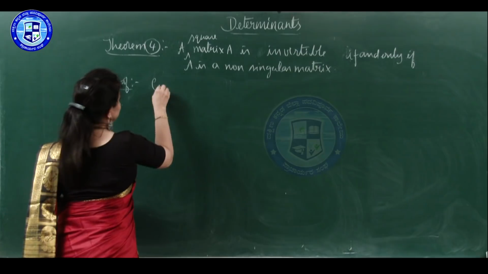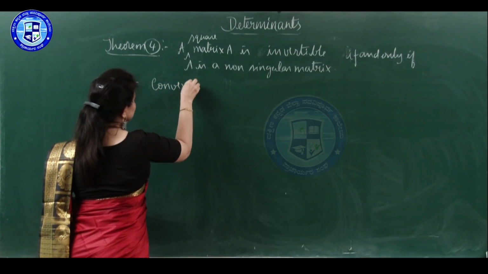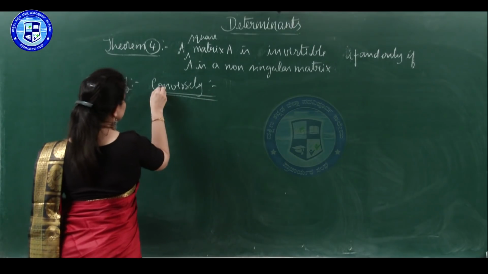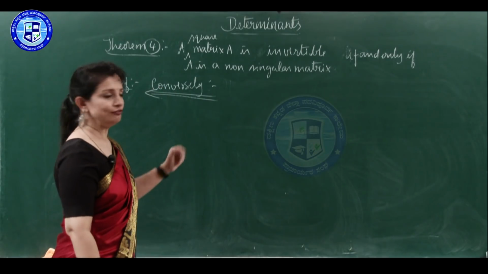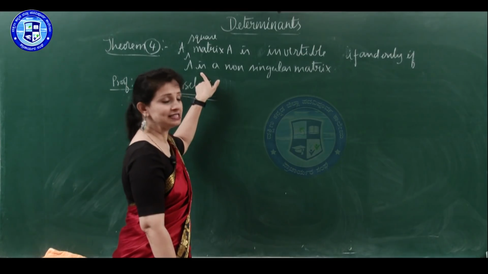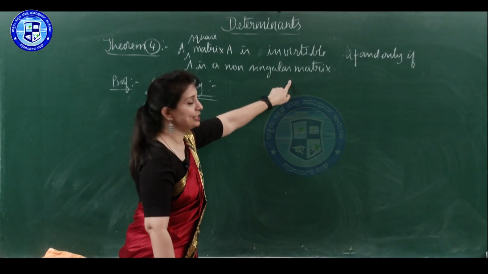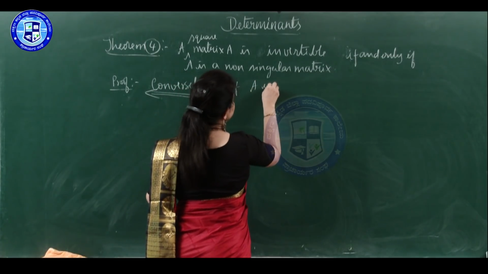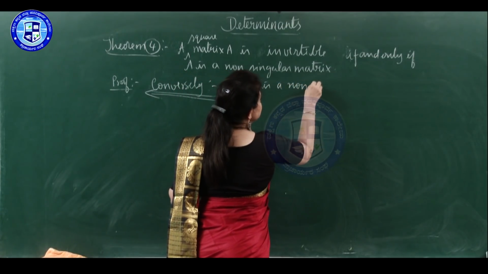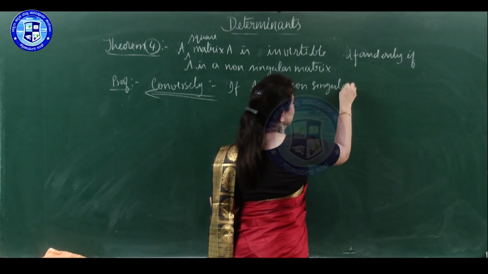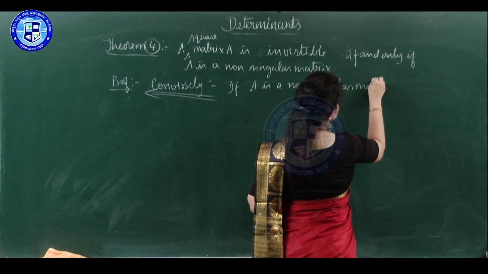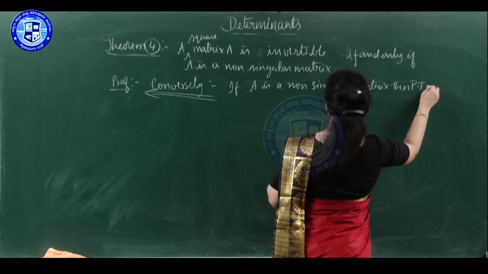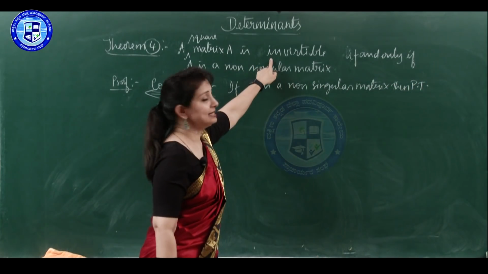Conversely, if A is a non-singular matrix, then prove that A is invertible.